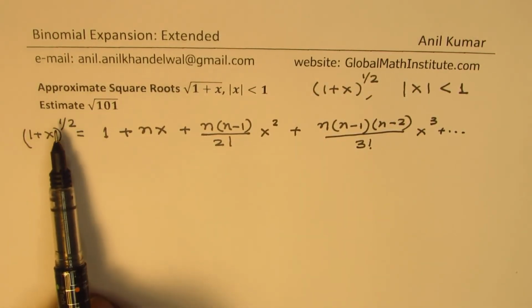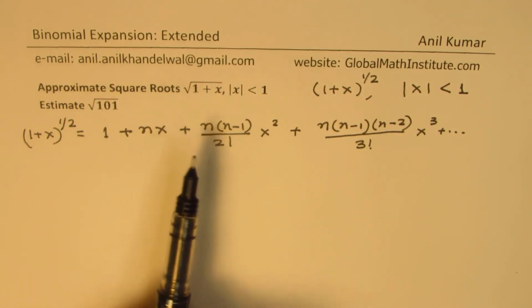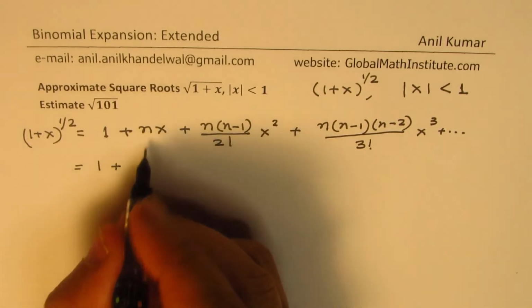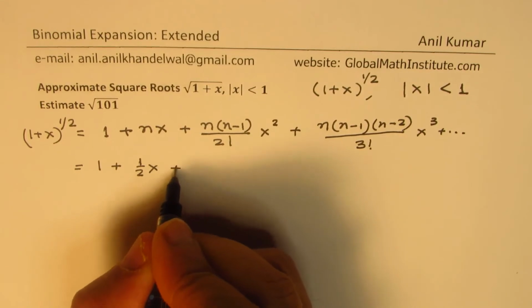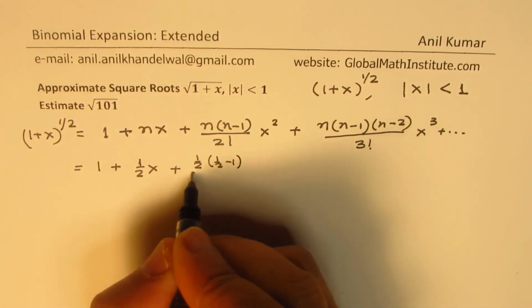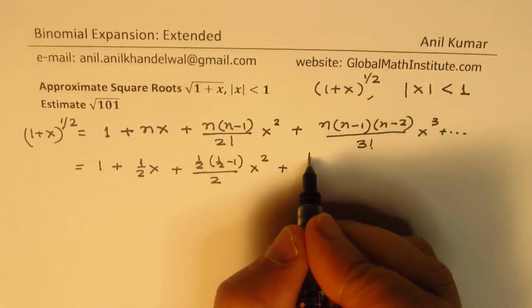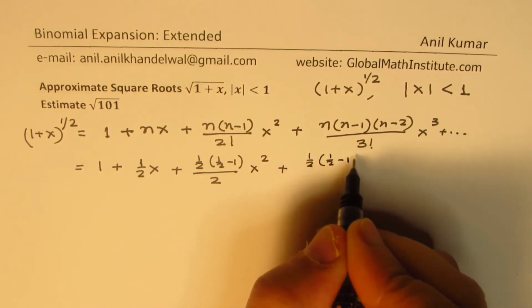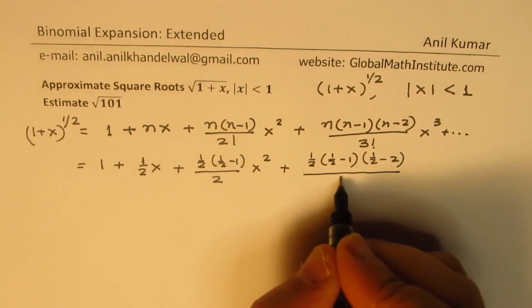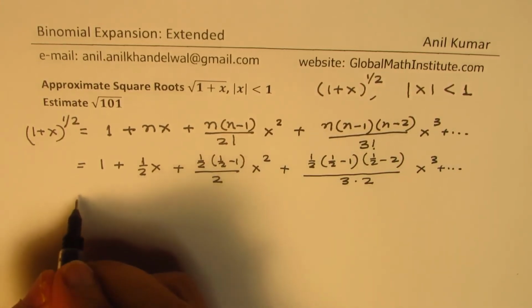Now since the power is half, we'll replace n with half in this series and see what we get. So we get 1 plus half of x, plus half times half minus 1 over 2 factorial, which is 2, x squared, plus half times half minus 1 times half minus 2 over 3 times 2, x cubed, plus so on, correct?